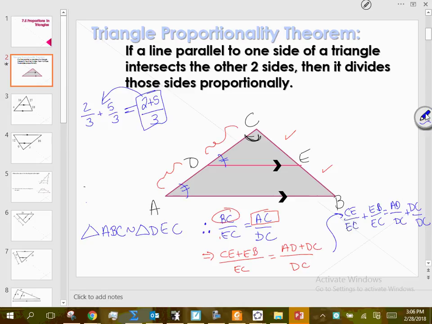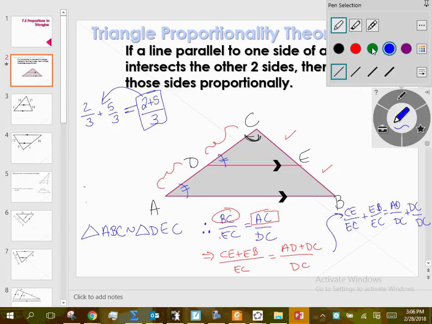Okay. Now think about this. What is CE divided by EC? That's 1, right? That's something divided by itself. So I'm going to replace that with 1. What's DC divided by DC? That's 1. If you have 1 on both sides, they cancel each other out. And you're left with EB.